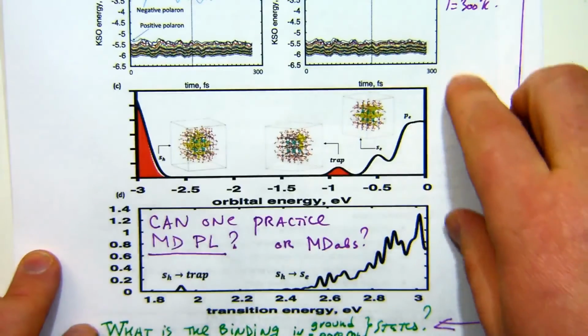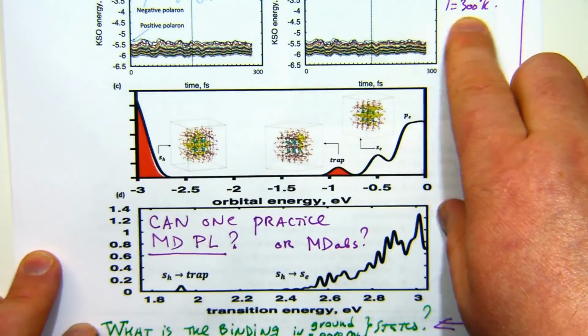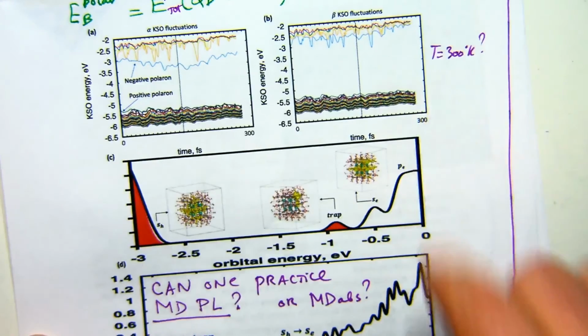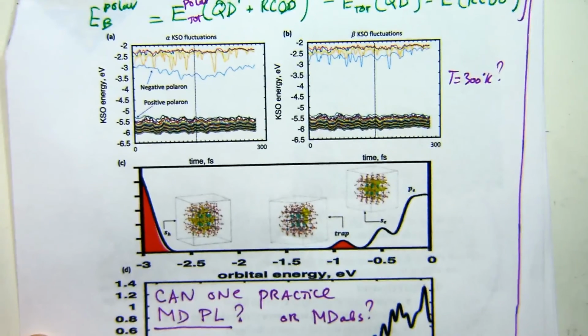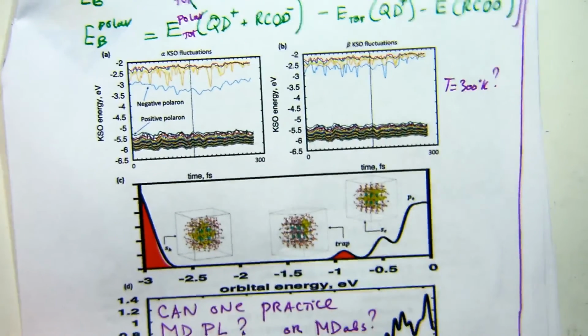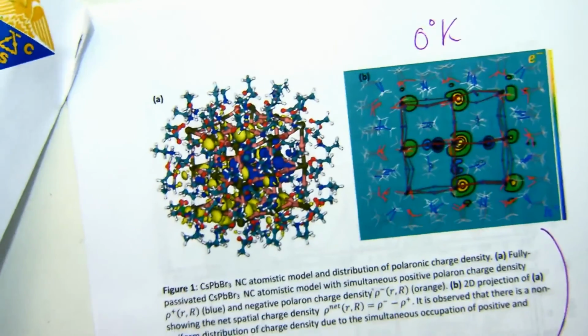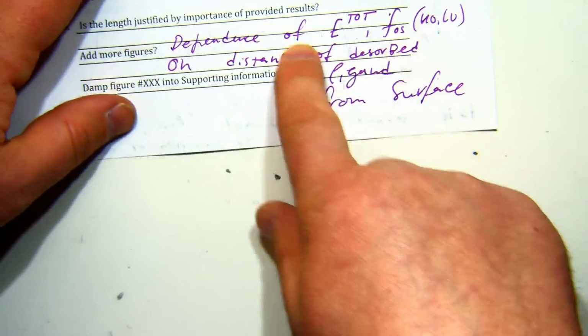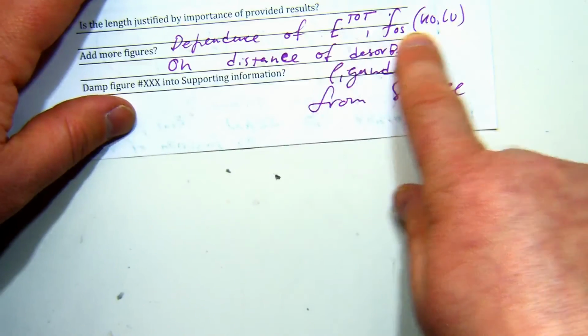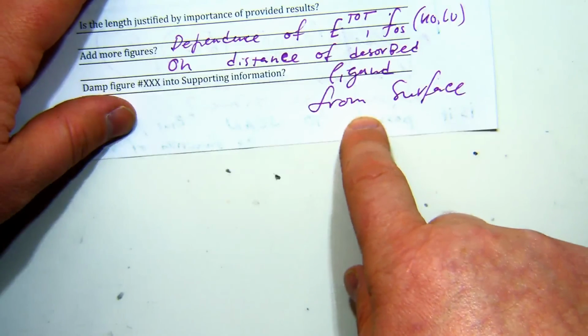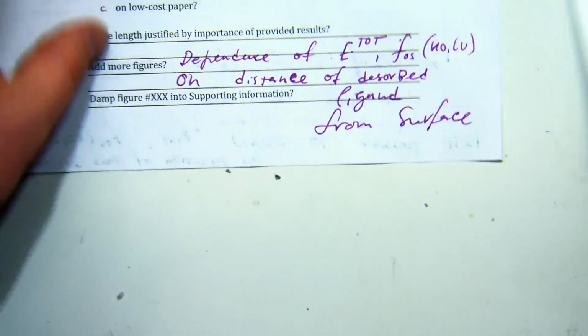And likely, if you eventually repeat it at liquid nitrogen temperature, this effect may disappear. There will be no trap formation. So the suggestion is to add a figure showing the dependence of total energy and oscillator strengths on the ligand distance from the surface.